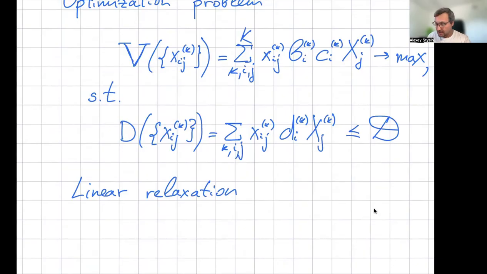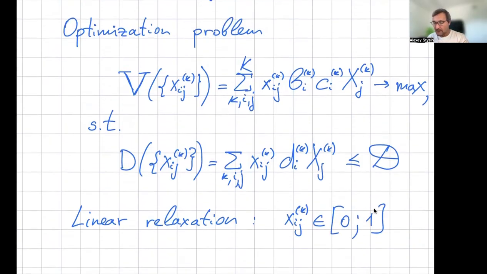The linear relaxation basically says that instead of considering discrete values, we want to consider continuous variables bounded between 0 and 1. So the x_ij relaxed variables are going to be from the interval from 0 to 1. And when we do this linear relaxation, we can see that this optimization problem is, in fact, just simply a linear programming problem.